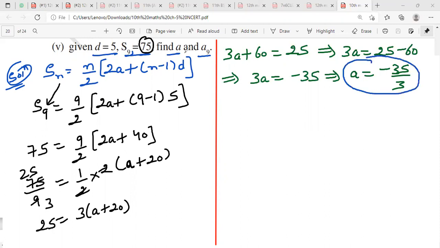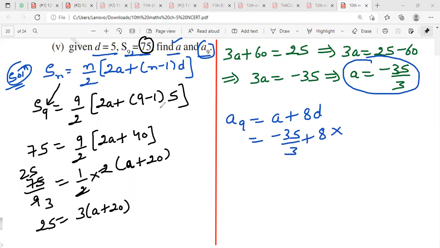Now what we need to do? We have to find the value of A9. A9 will be equal to A plus 8D. Now the value of A is minus 35 by 3, plus 8, and the value of D is 5.